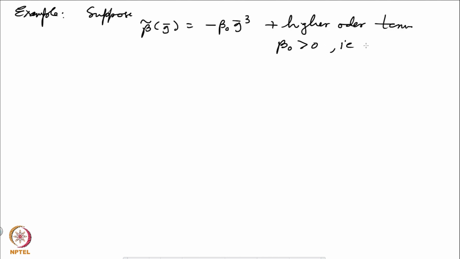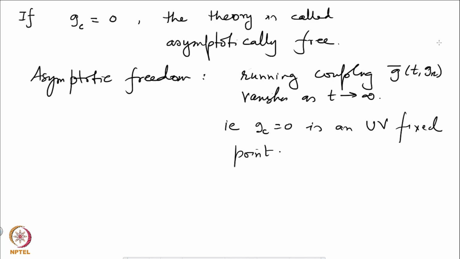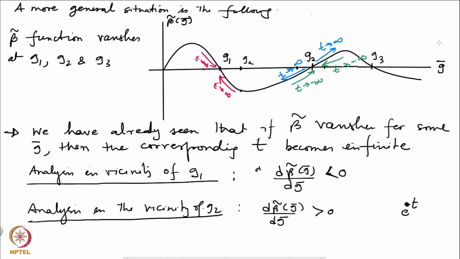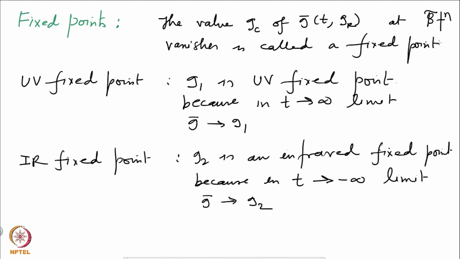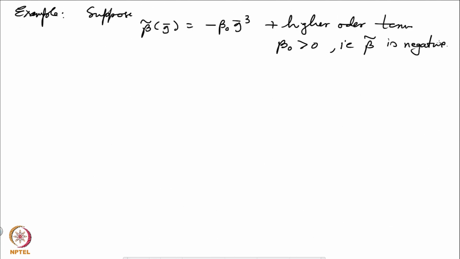That is, beta tilde is negative. So what happens if beta tilde is negative? It will flow towards the fixed point, and this is near g bar equal to 0.